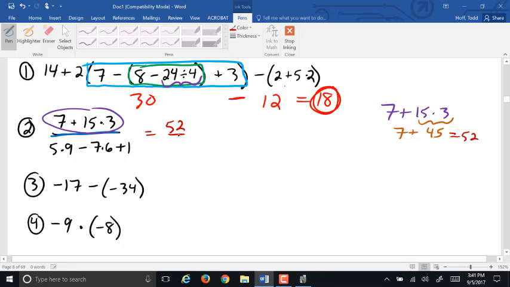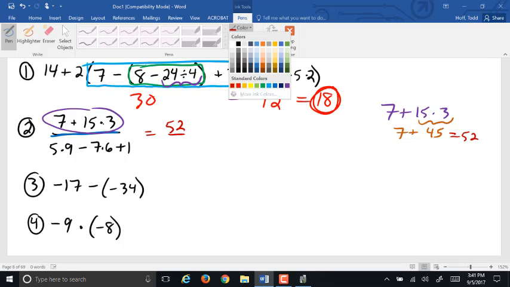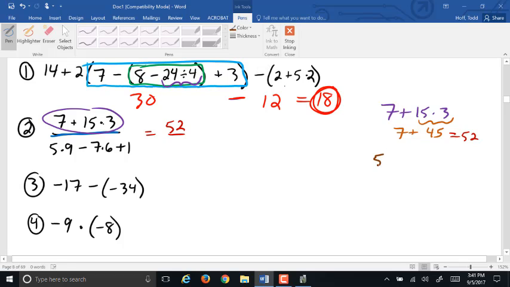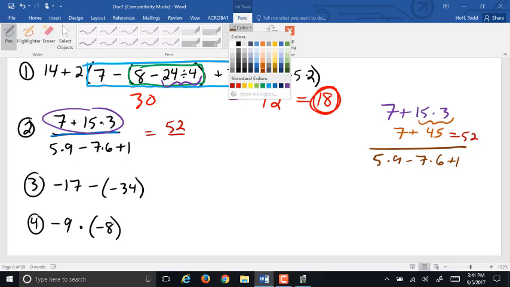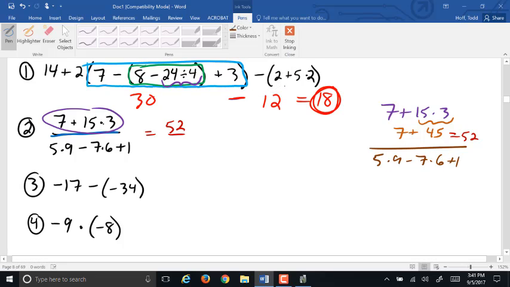On bottom, what do we have to do first down there? Okay, which one? Left to right. So 5 times 9 is 45.